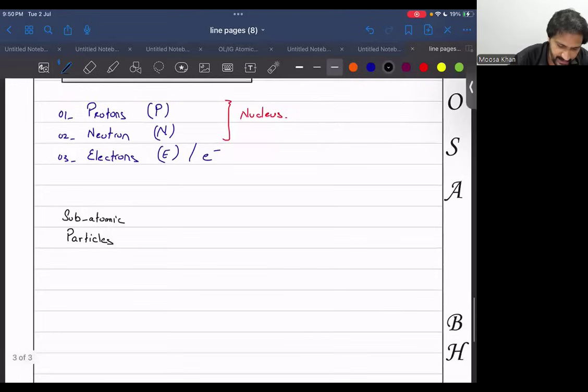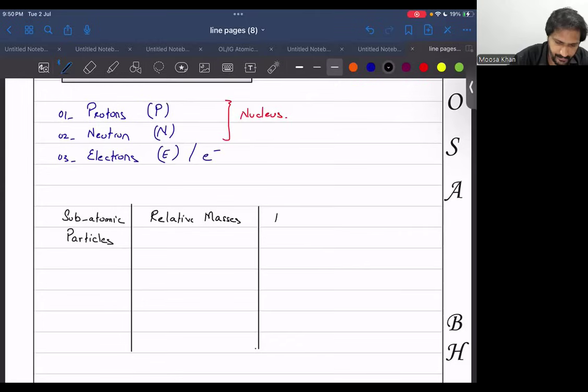You are supposed to remember their relative masses and their relative charges. Yes, right answers, mashallah.